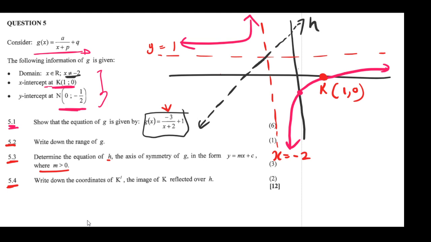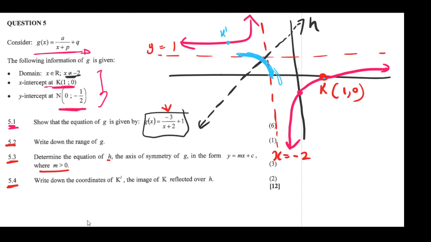So if this k is reflected, it's going to move 4 units, both left and up, because you are reflecting it over this line of h. So instead of it being here, it's going to be over it. It's going to be maybe somewhere here, your k prime.